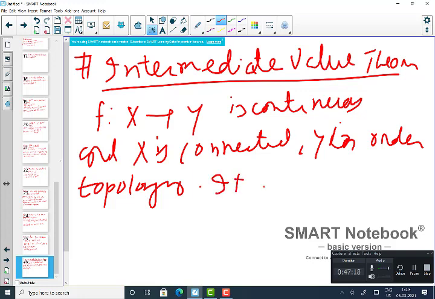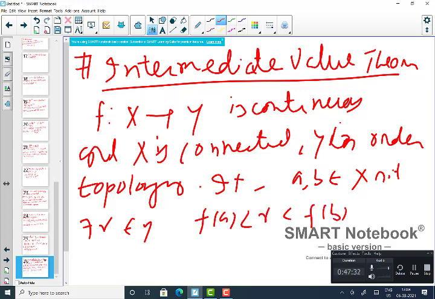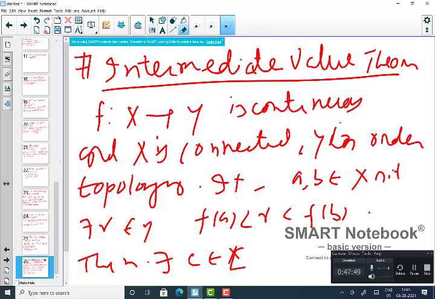So if you choose two points, say A, B belonging to X, such that there exists R belonging to Y in between f of A and f of B, then there exists a C belonging to X, or rather in between A and B. I don't care, I wrote X here, so I will tell you for the real line, this is the portion you have learned: C belongs to X such that f of C is equal to R.